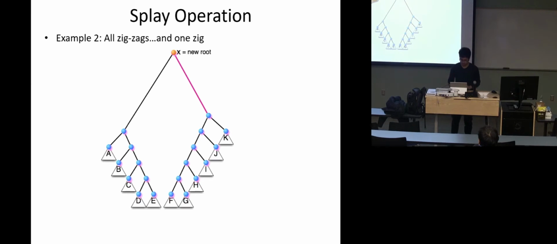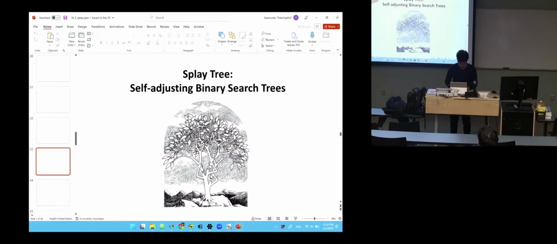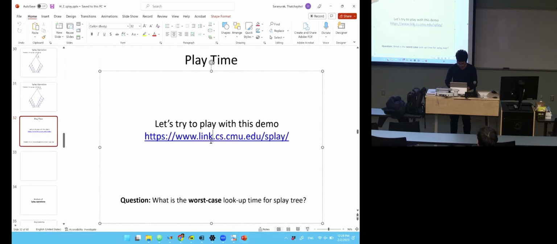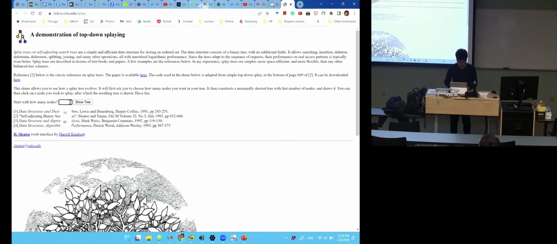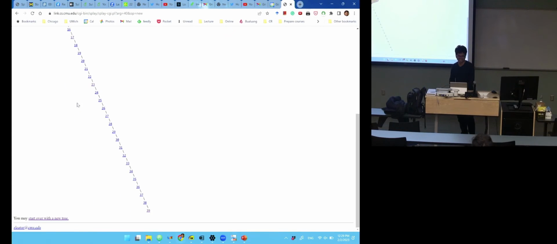Okay. So let's see some demo. Suppose that you start with the worst possible tree, looking like this, right?